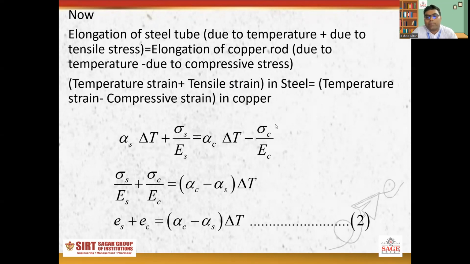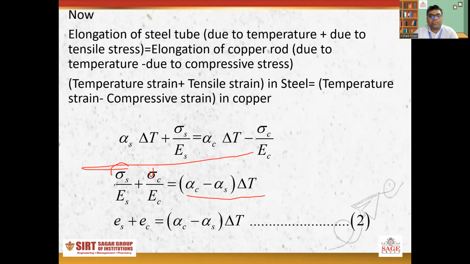And for the copper one, alpha C del T minus sigma C upon EC. Then we rearrange this relation, so this term comes here. So we can write like this: sigma S upon ES plus sigma C upon EC is equal to alpha C minus alpha S times del T.